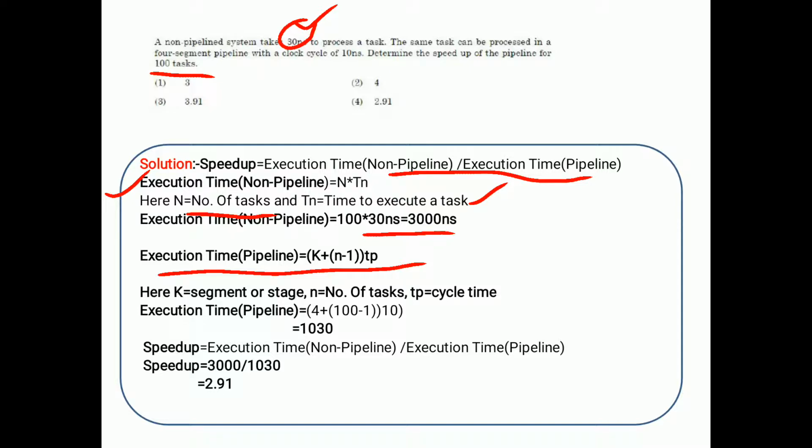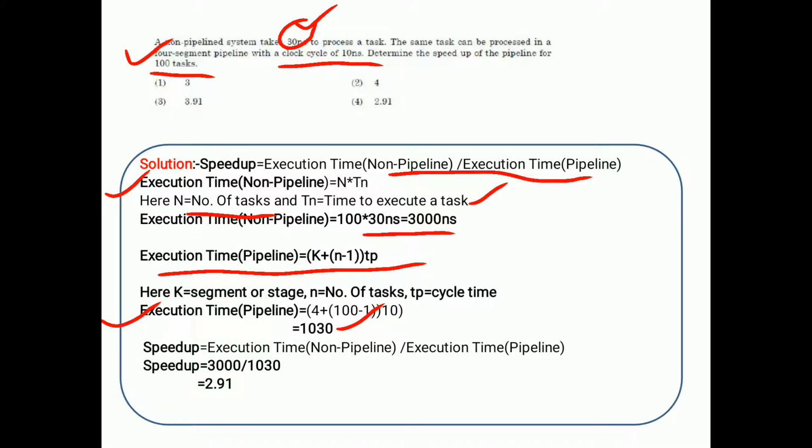In the question the segments are 4, so k is equal to 4, n is 100, and the cycle time is 10 nanoseconds. So the execution time in case of pipeline is (4 plus 100 minus 1) into 10, that is 1030.